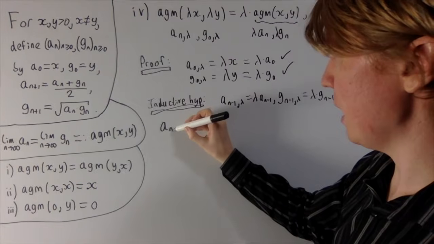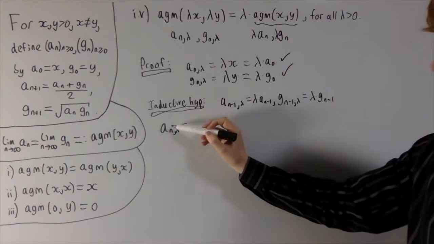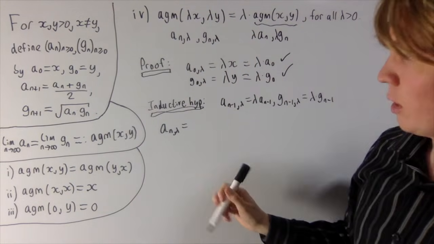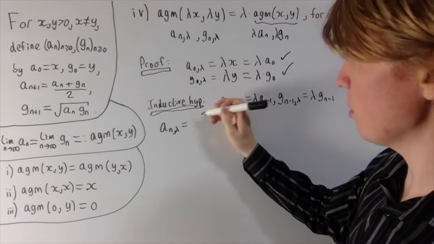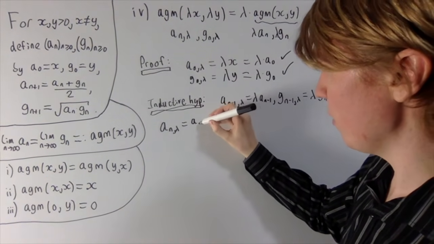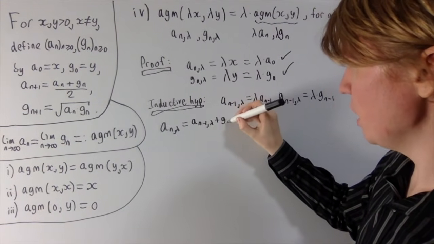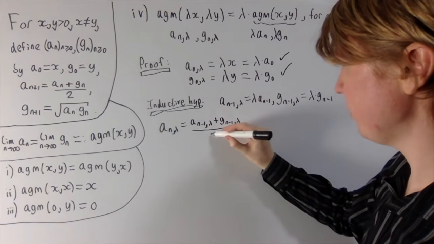So now a_n(lambda), this is the nth term in the A sequence where we started with lambda. So what is this? Well, we just add together the previous two terms from each sequence and divide by 2. So this is a_{n-1}(lambda) plus g_{n-1}(lambda), all divided by 2.